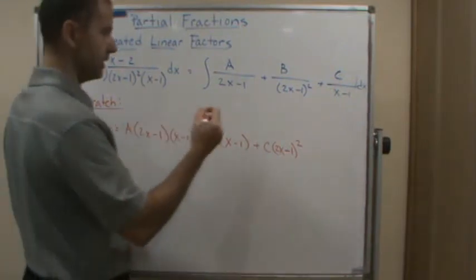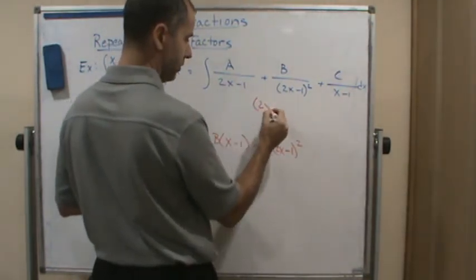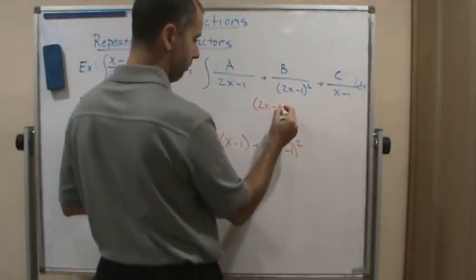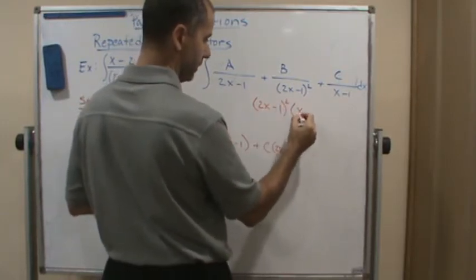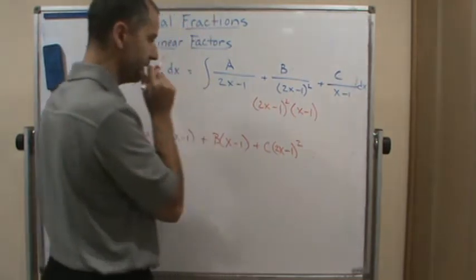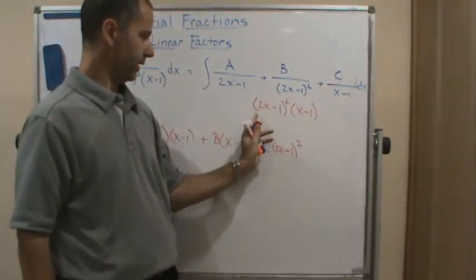Because remember, the least common multiple of these three is just this: 2x minus 1 squared times x minus 1. That's the least common multiple. So this is what we're going to multiply through on the top.